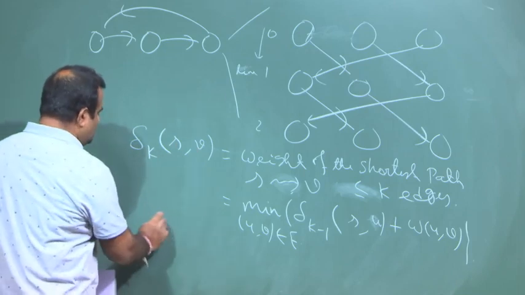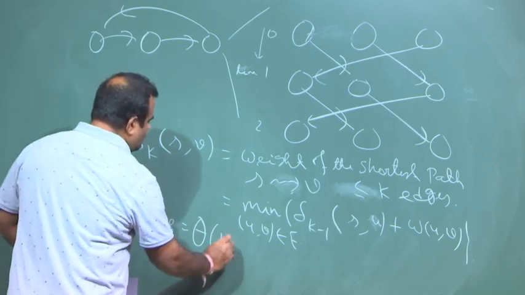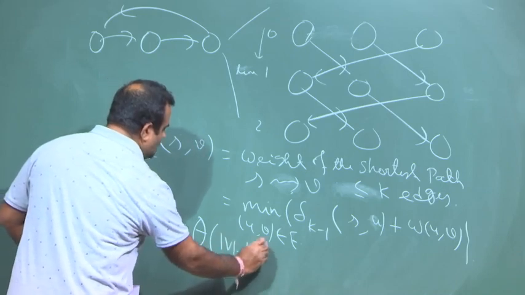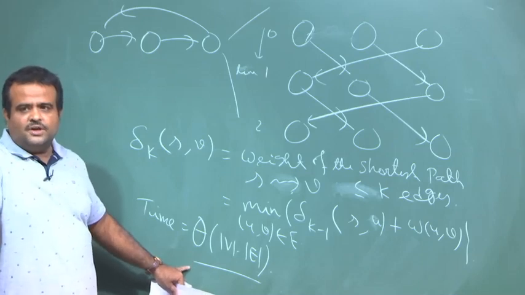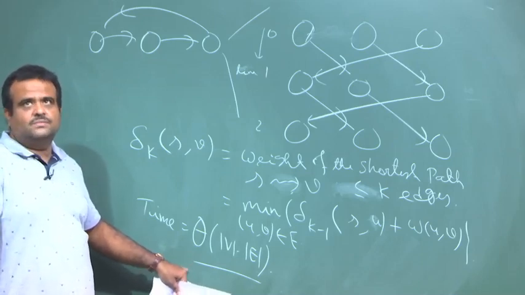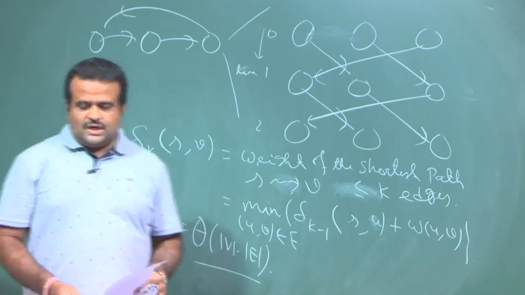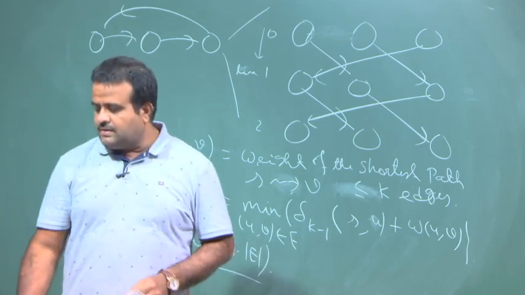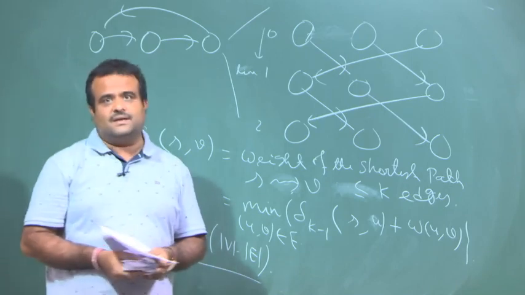The time complexity for this graph is basically order of V times E. This is the same time complexity as the Bellman-Ford algorithm. This is the way we usually avoid the cycle in a graph.